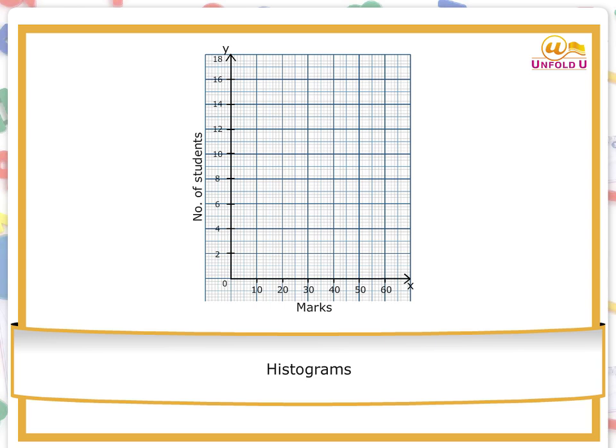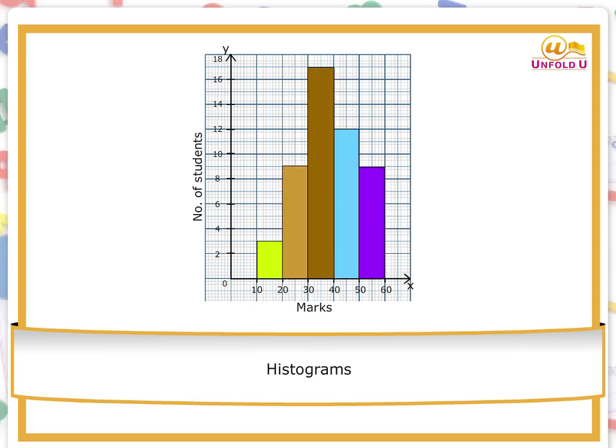We choose the scale as 10 lines of graph paper equal to 2 students and represent the frequencies accordingly on the y-axis. We now draw rectangular bars of width equal to the class size and length equal to the frequency of the corresponding class intervals. In this way, we obtain the histogram.